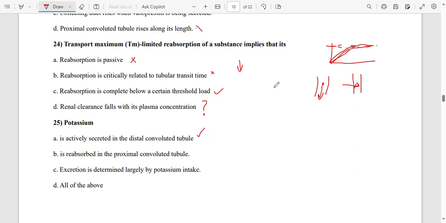This one is true, yes. In the distal tubules, you can only secrete potassium in the presence of sodium, so it uses energy. But it is also reabsorbed in the proximal convoluted tubules, where almost everything is reabsorbed. Excretion is determined largely by potassium intake. This is also true. The more potassium you take in, the more you are going to excrete it. So it's all of the above.